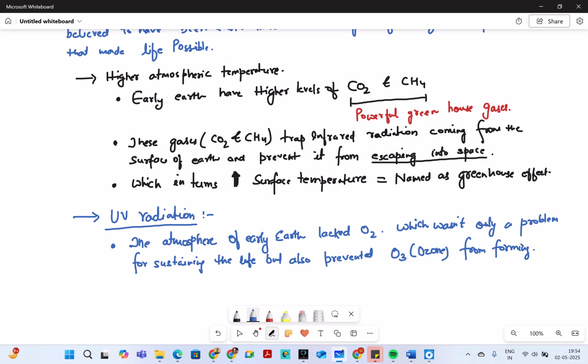Fine. So that means ozone is formed when UV light falls, right? That's an important point.